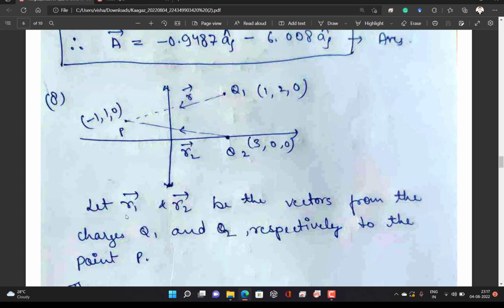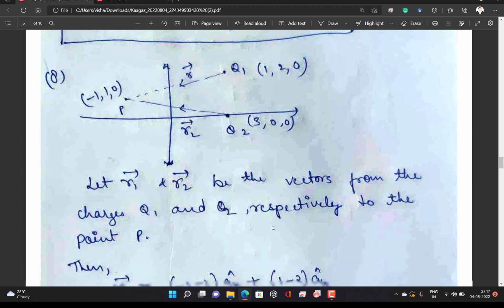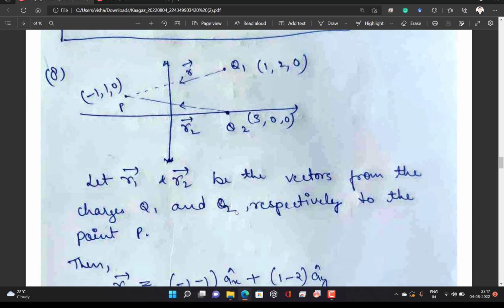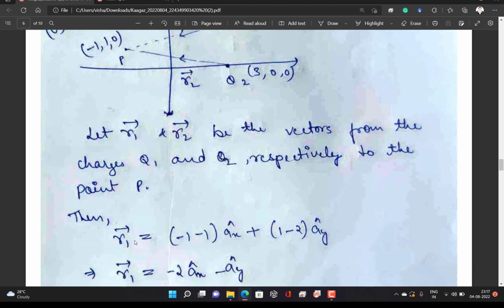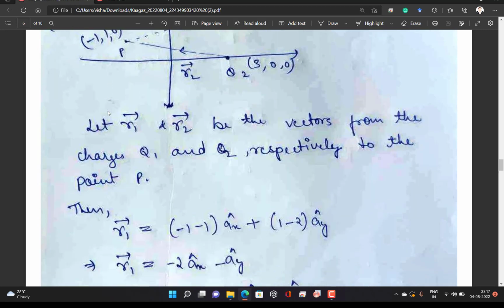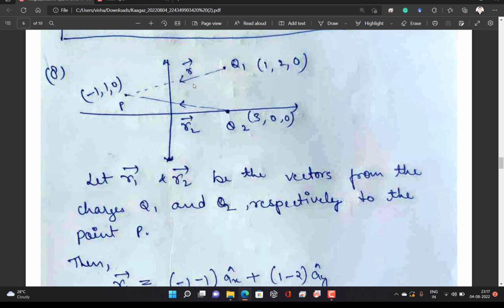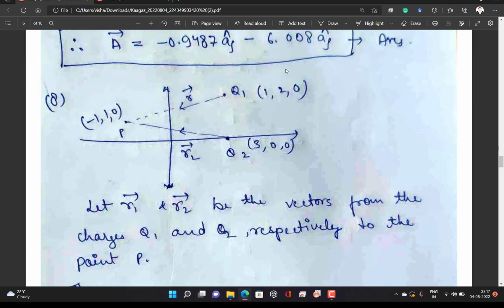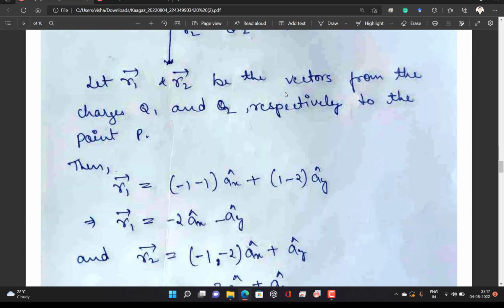Let R1 and R2 be the vectors from charges Q1 and Q2 respectively to the point P. Then R1 will be (minus 1 minus 1) AX plus (1 minus 2) AY plus (0 minus 0) AZ.